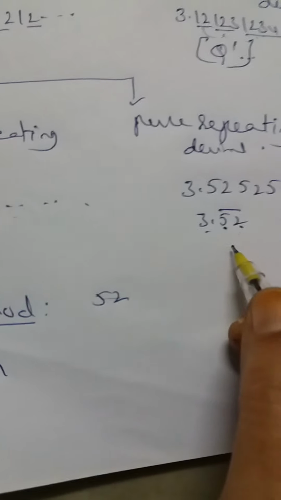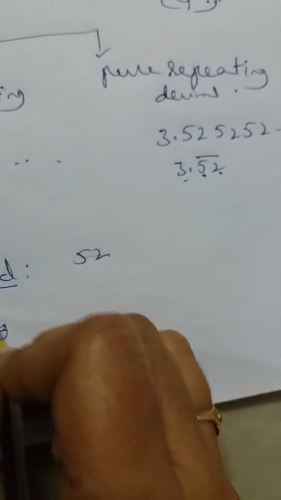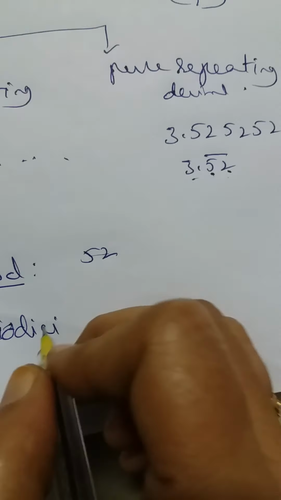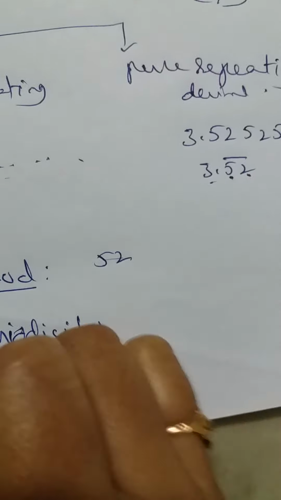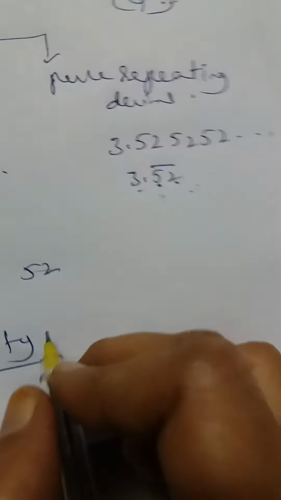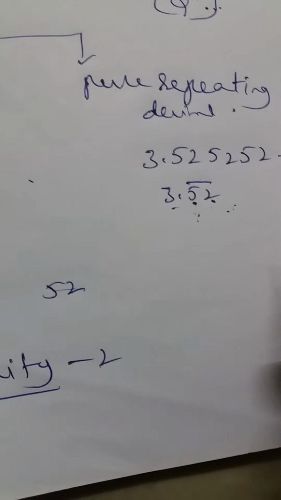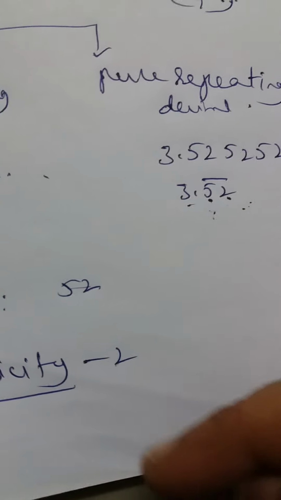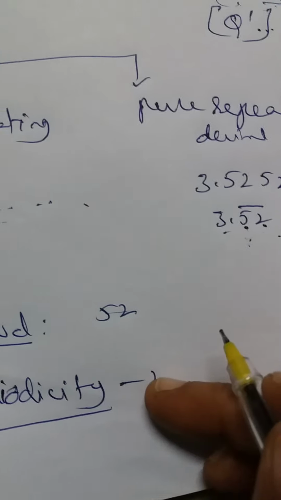The numbers which repeat in a non-terminating and repeating decimal are called the period. So what is periodicity? How many numbers are repeating here? Two numbers are repeating, so the periodicity is 2. The number of terms which repeat in a non-terminating and repeating decimal is called periodicity.